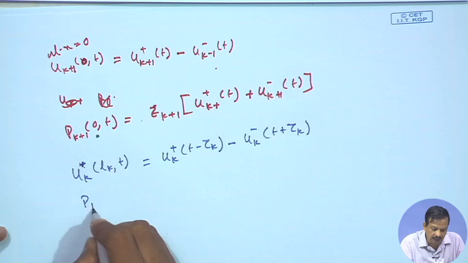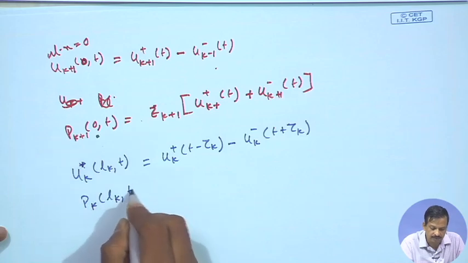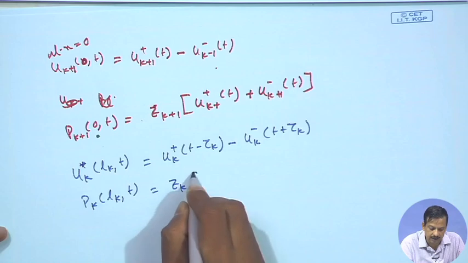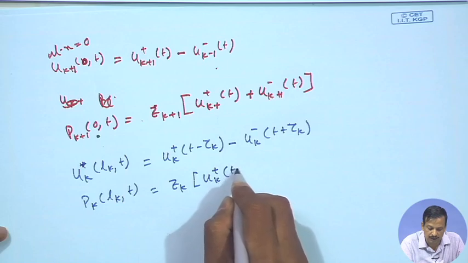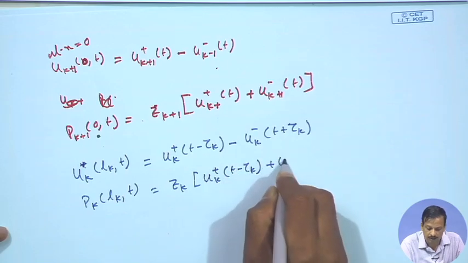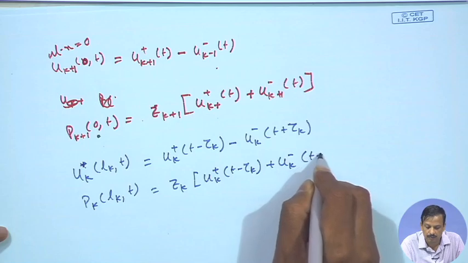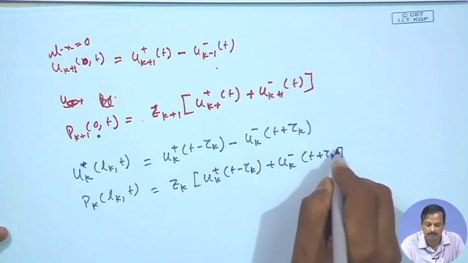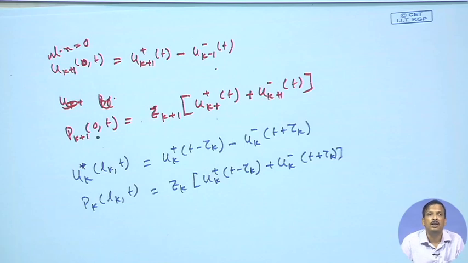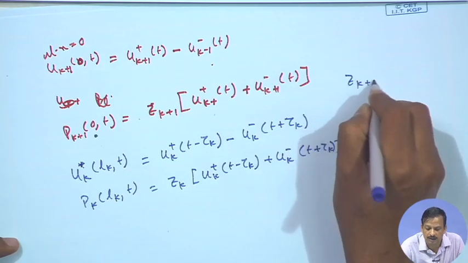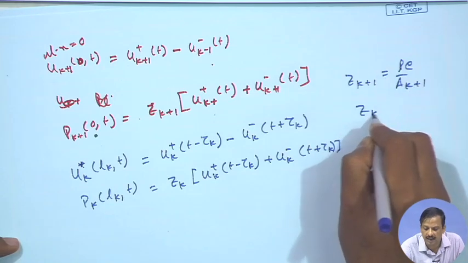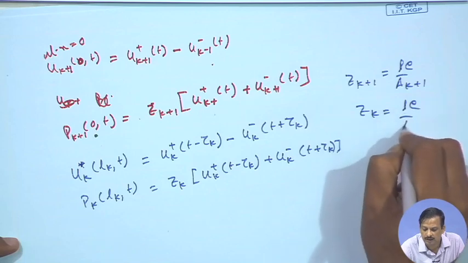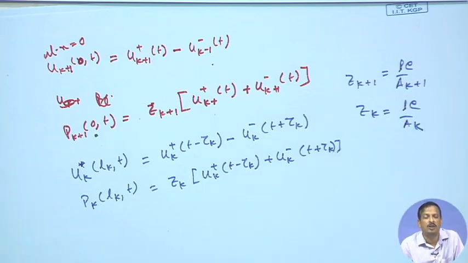And P_k(L_k, t) is nothing but Z_k times u_k^+(t - tau_k) plus u_k^-(t + tau_k). Where Z_{k+1} is nothing but rho c by A_{k+1} and Z_k is nothing but rho c by A_k. The cross sectional area of the tube is A_k, okay or not.